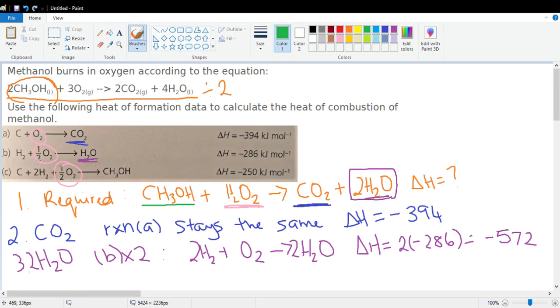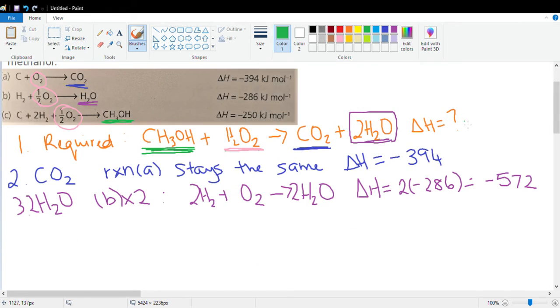And finally, the last equation, so like we said, we're skipping oxygen. So the last equation, we must need to sort out our methanol. You can see from the equation that we're given that methanol is on the right, and for a required equation you can see that methanol is on the left. So how we sort that out is we are going to flip equation C around.